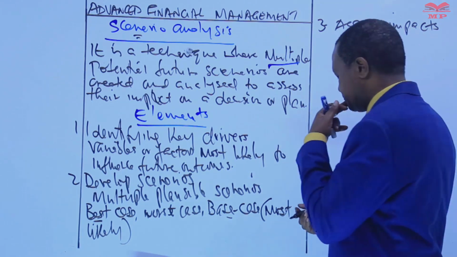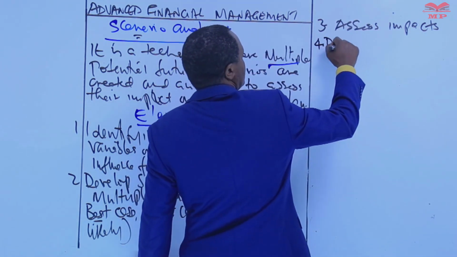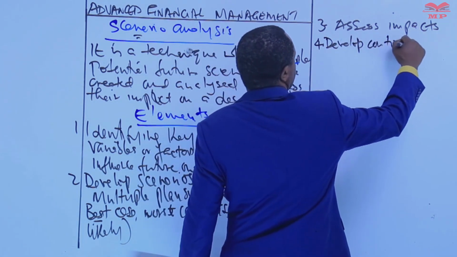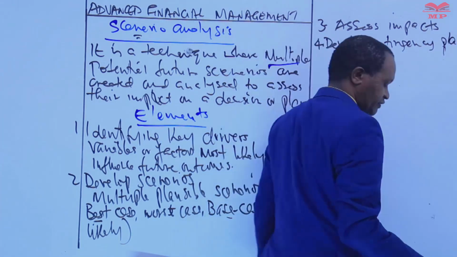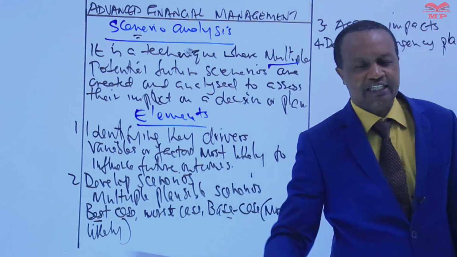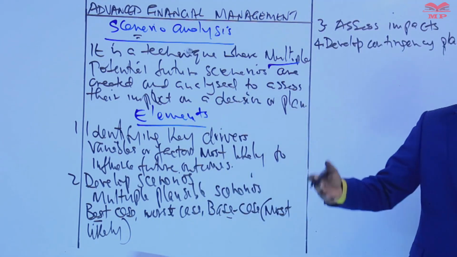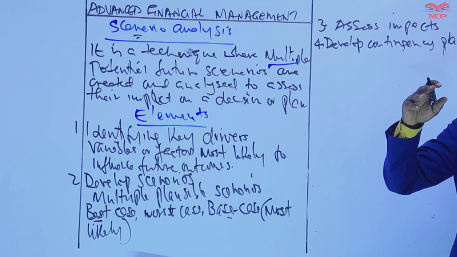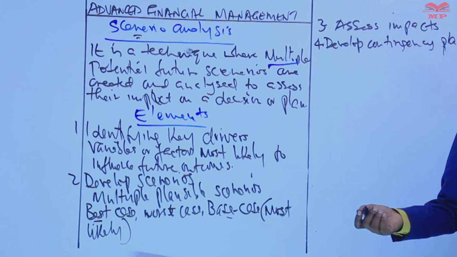Then step number 4 is to develop contingency plans. Developing of contingency plans. These are alternative plans, contingency plans. All right? And developing contingency plans is based on the scenario analysis.